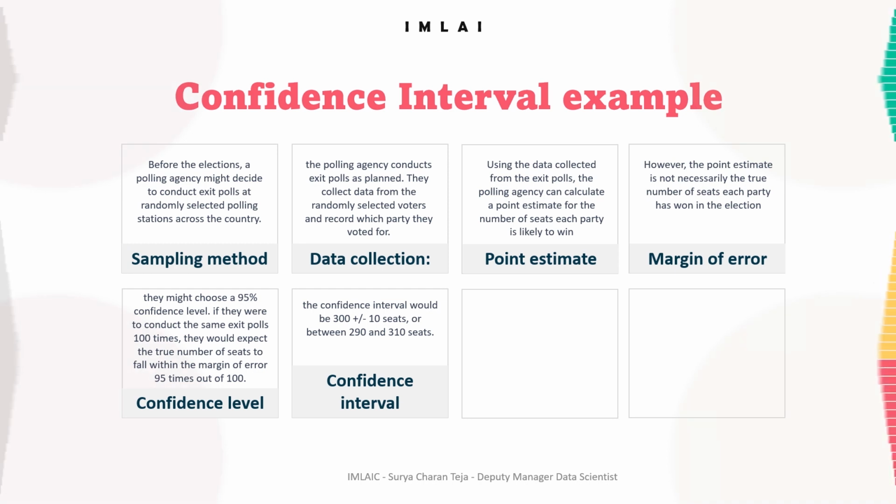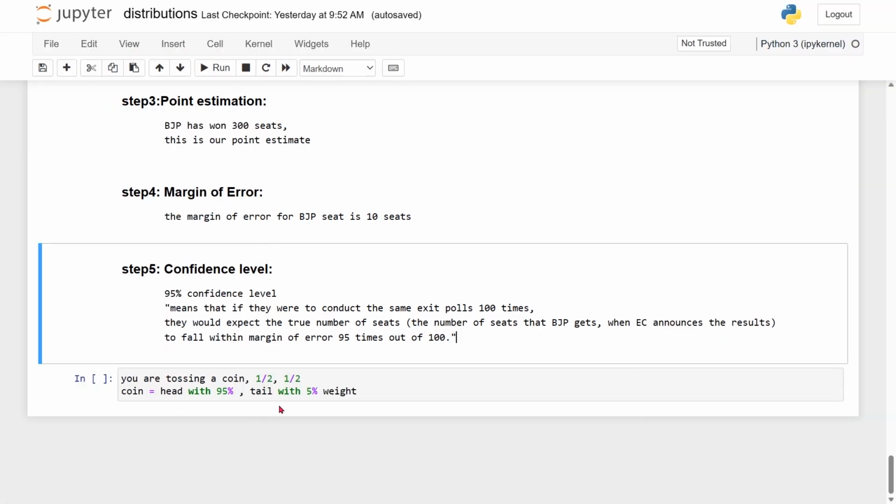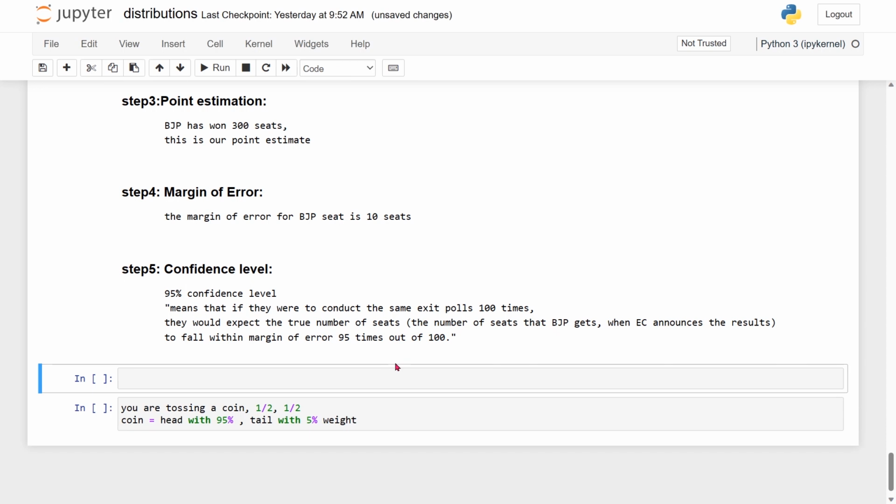And this means that if they were to conduct the same exit polls 100 times, they would expect the actual number of seats, the true number of seats, to fall within the range of 290 and 310 seats, 95 times out of 100. That's what our confidence interval is. So step 6: confidence interval.